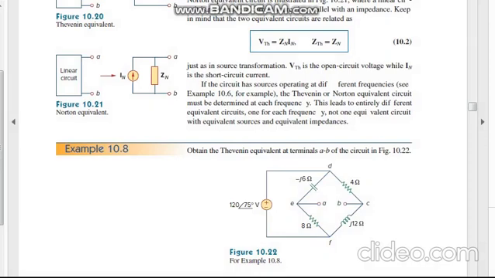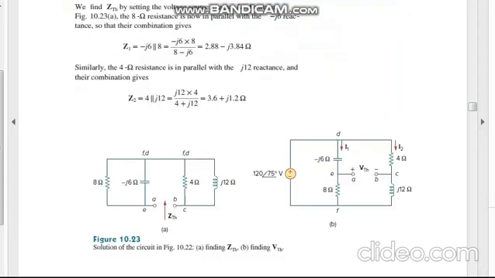Coming back to the solution, previously we found the Thevenin by shorting out the voltage.